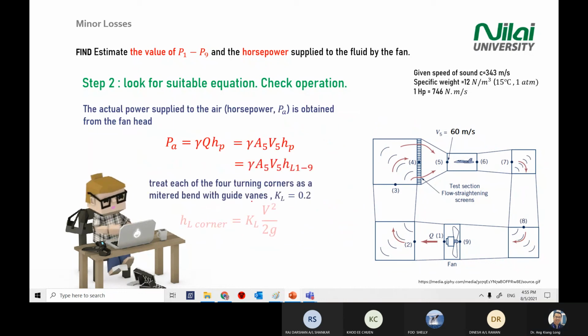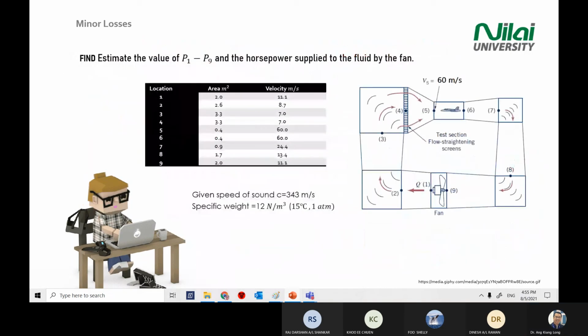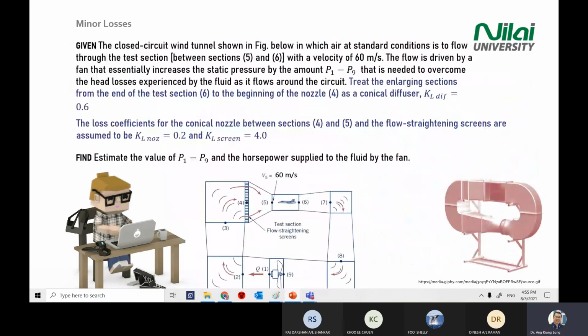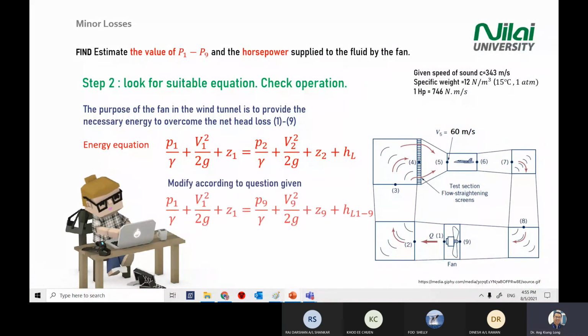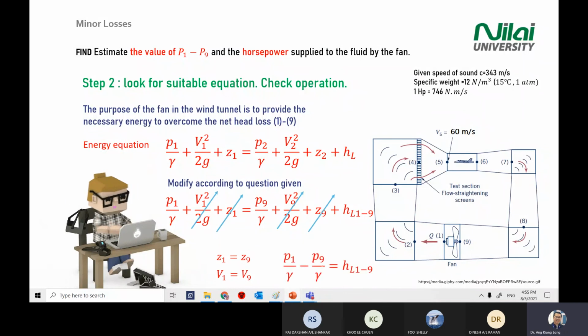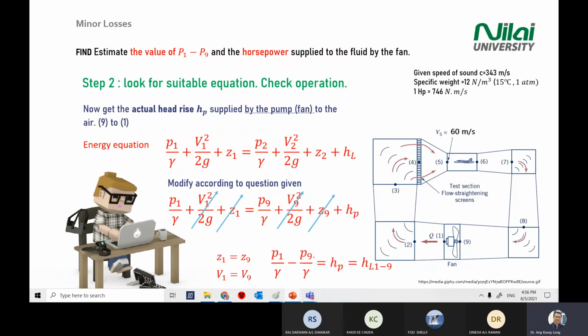Previously, when you used the energy equation, just now you already developed the equation: P1 minus P9, you factor the gamma out, you pull to the right, you get specific weight times the HL. Or the other one, you get HP times gamma equal to P1 minus P9, same.